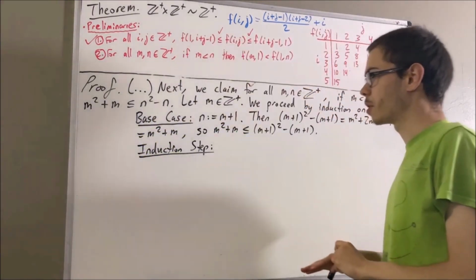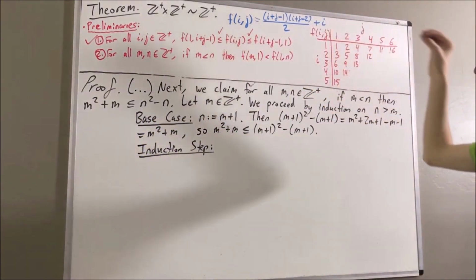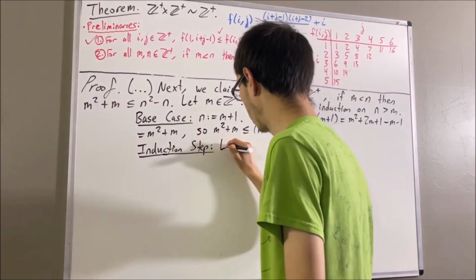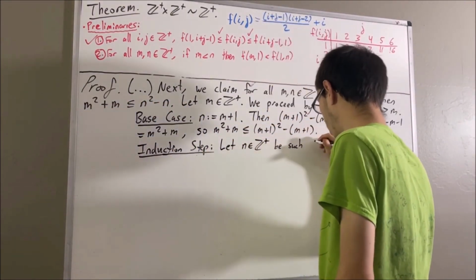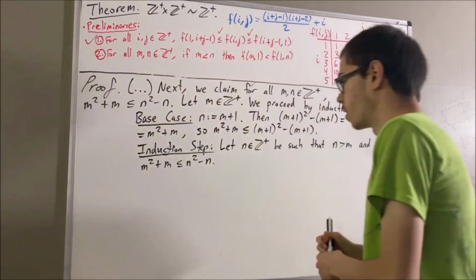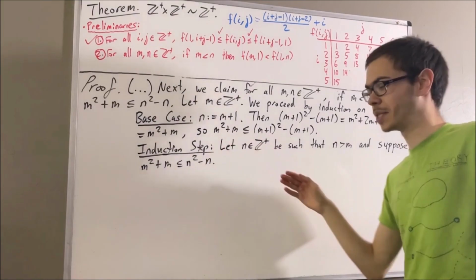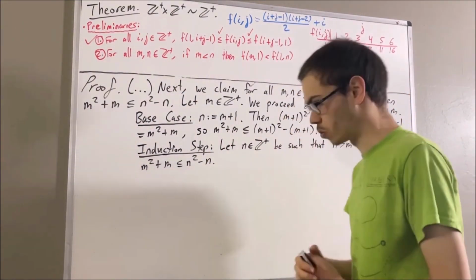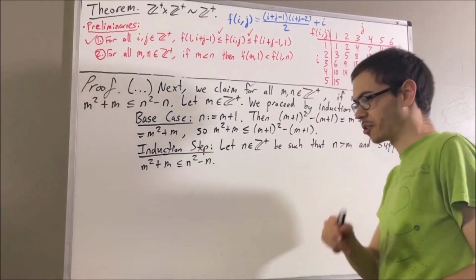Now in the induction step, we give ourselves an arbitrary positive integer n greater than m, where this is true. And the whole goal of the induction step at this point is to show that this is also true for n plus 1. And to see how that comes together, check this out.